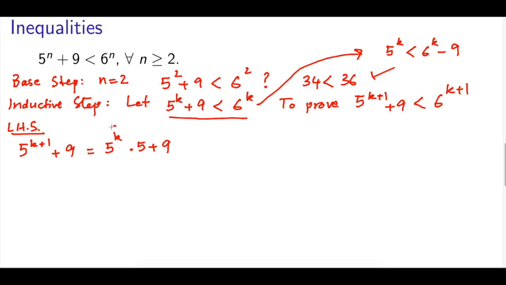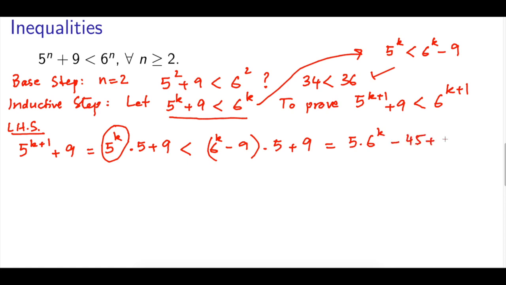So then I can replace this and say less than (6 to the k minus 9) times 5 plus 9, which is equal to 5 times 6 to the k minus 45 plus 9, which is equal to 5 times 6 to the k minus 36. Okay, so now I can replace this 5 by 6 and put another less than sign.